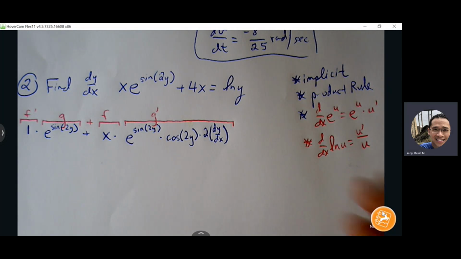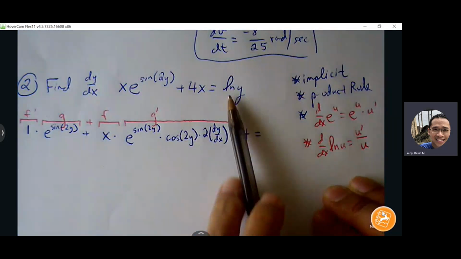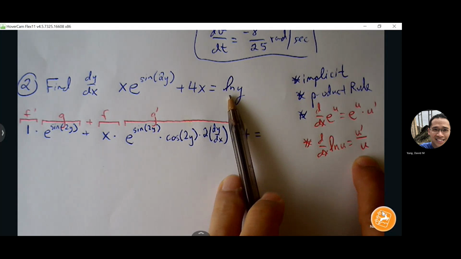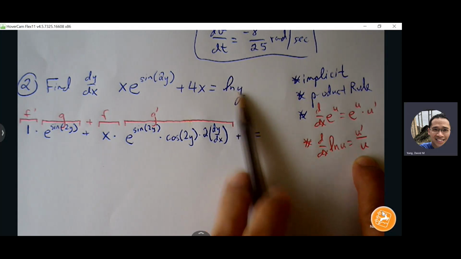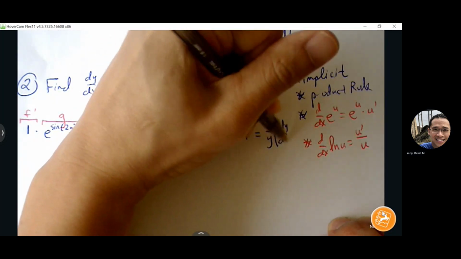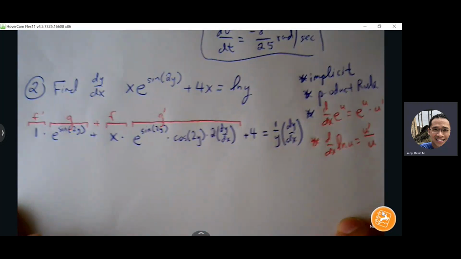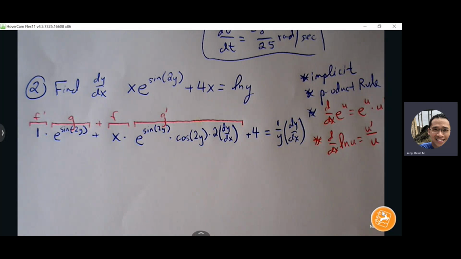Okay, 4x becomes 4. Okay, natural log of y becomes 1 over y. Good, right? So we're asking for y's derivative, so dy/dx. Another thing to keep in mind, especially if you're looking at your problem and saying, wait, did I catch all the dy/dx's?